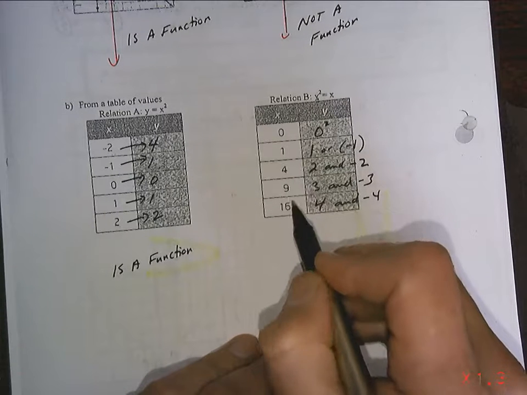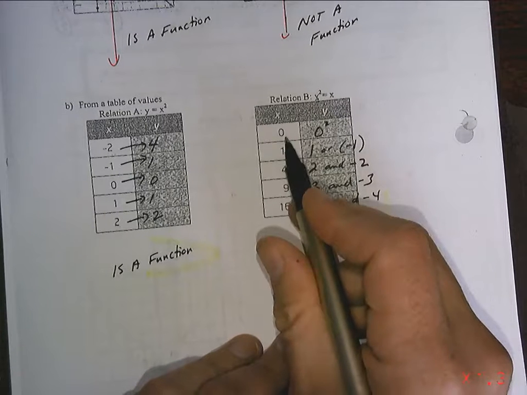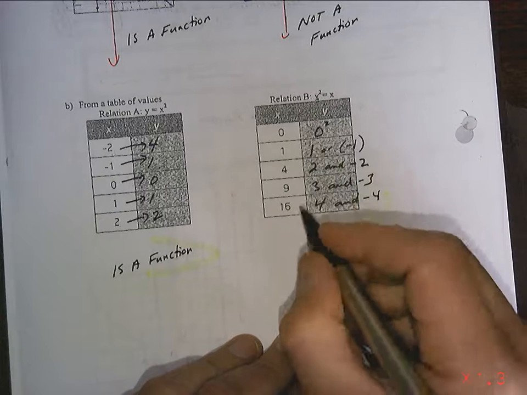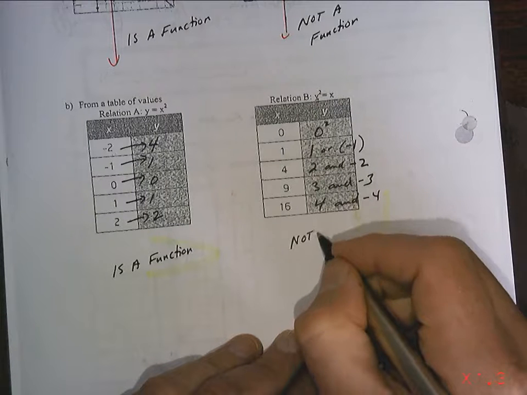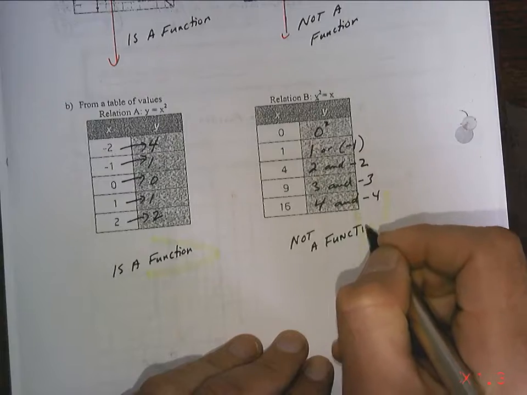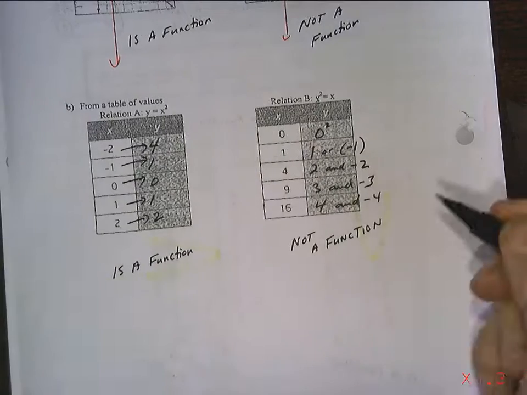Each value of x other than 0 has two values of y associated to it. That is not a function. It is a relation, but it's not a function.